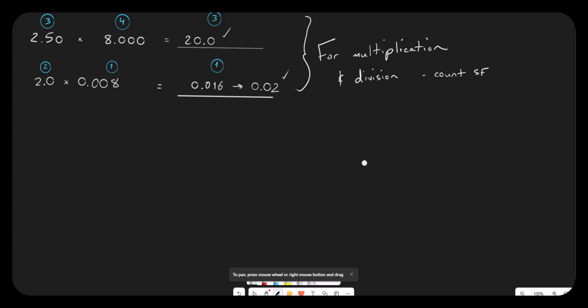So then addition, subtraction. This one's a little bit different. The answer here has to match the least precise place value. So what that means is that I need to line up my decimal points and cut off in the same location.